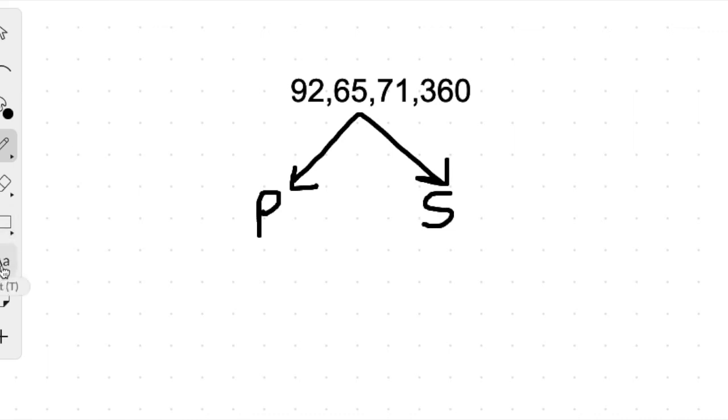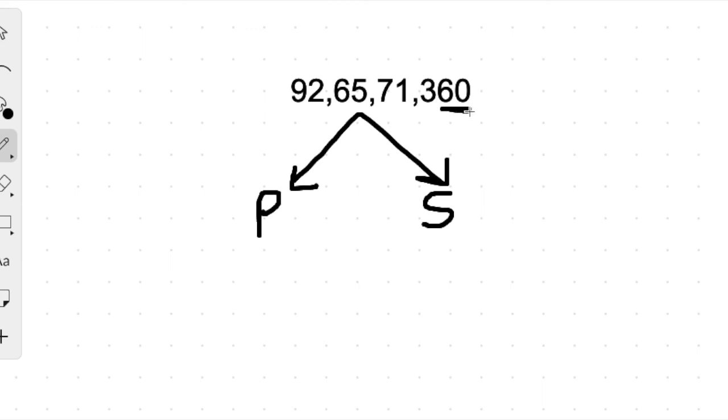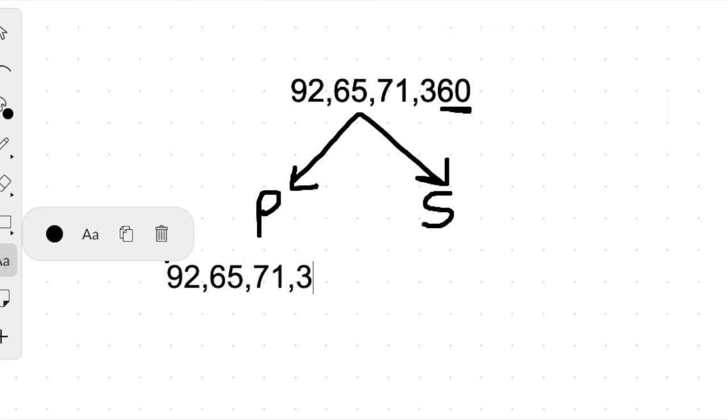Now we have to find predecessor of this number first. You can see that the last two digits that we have here is 60. And when we go one step backwards from 60, we land on 59. Yes, so the number will be, let me just write this number, 92 crore 65 lakh 71,358.